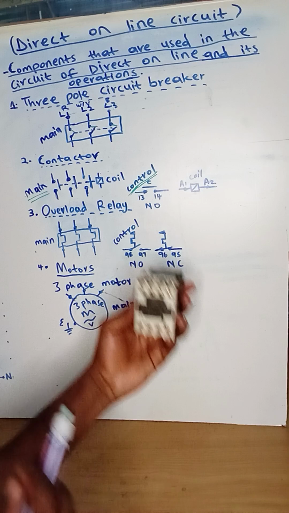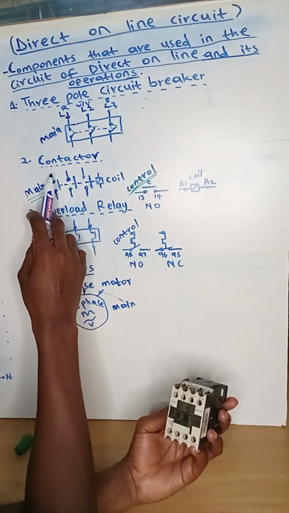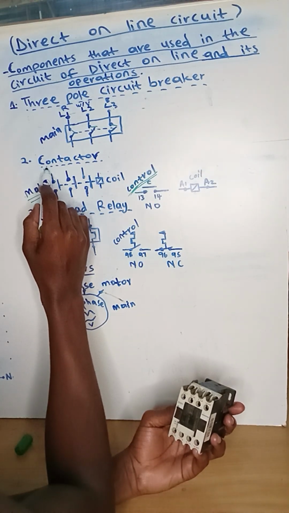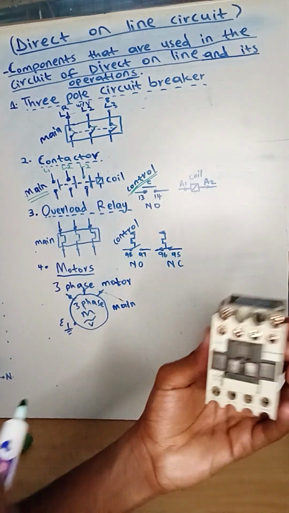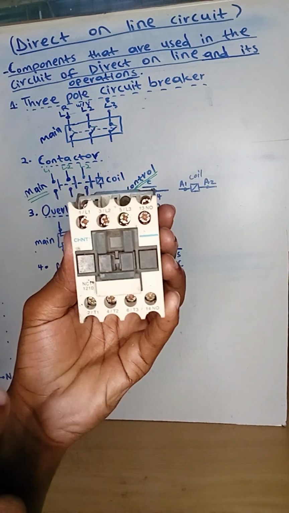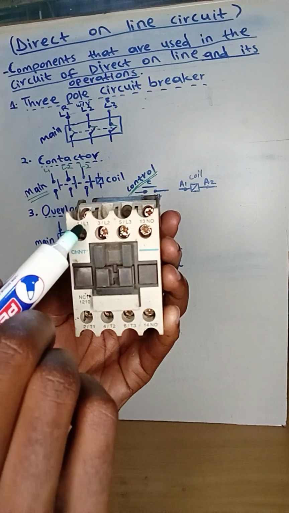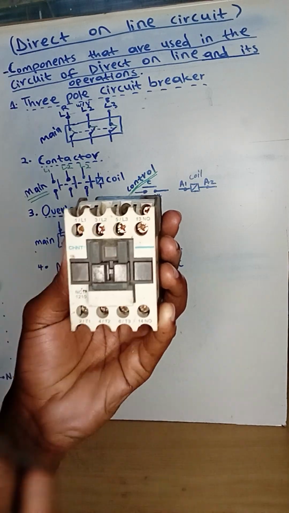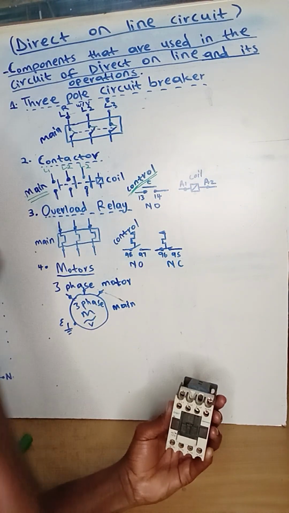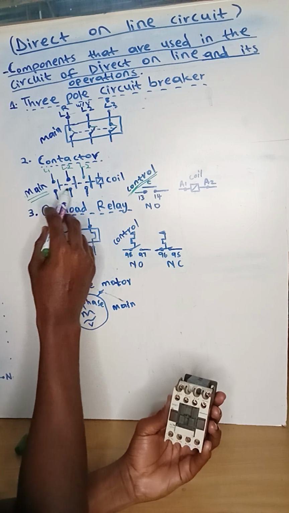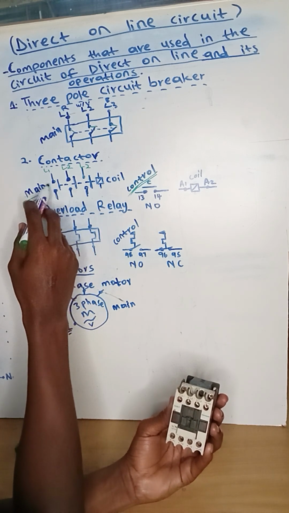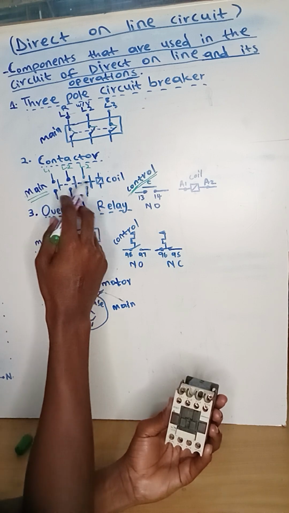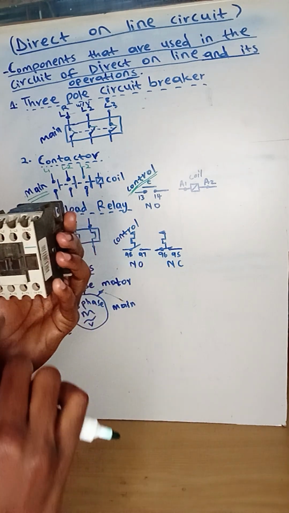So from the main circuit, we have 3 points, which is live 1, live 2, and live 3. So from here, on top, we have live 1, live 2, and live 3. And then the bottom points, the contacts, they are open, all of them, which means it's off.